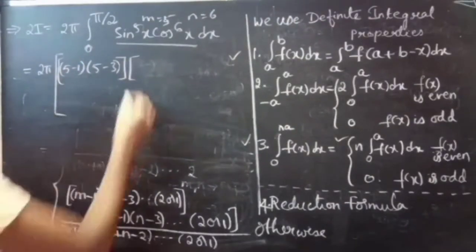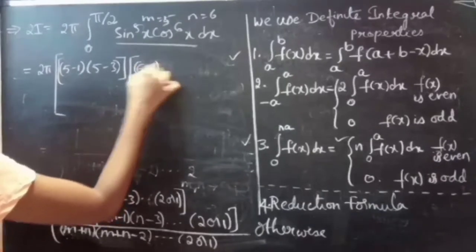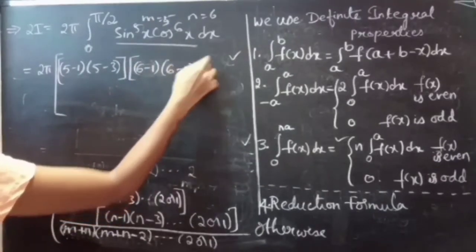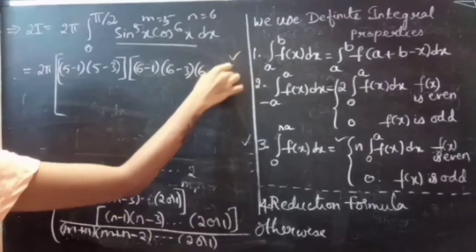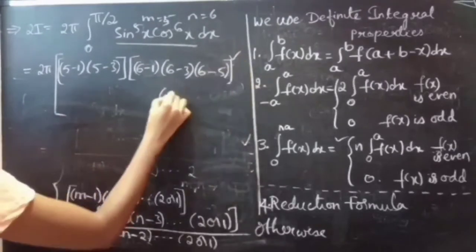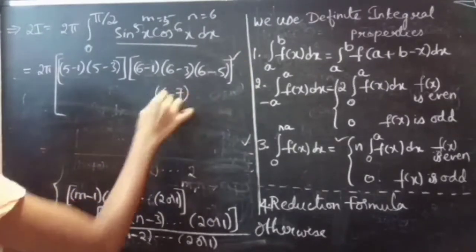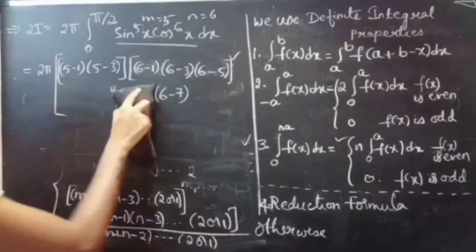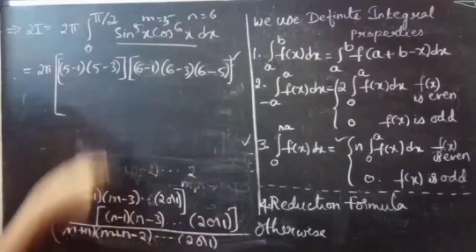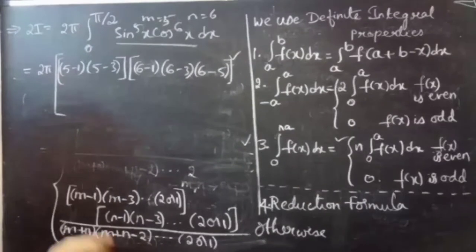For n, 6 minus 1 into 6 minus 3 into 6 minus 5. The next term will be 6 minus 7, which gives a negative term, so you will neglect the remaining terms.